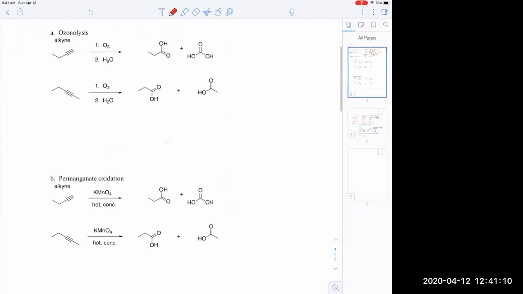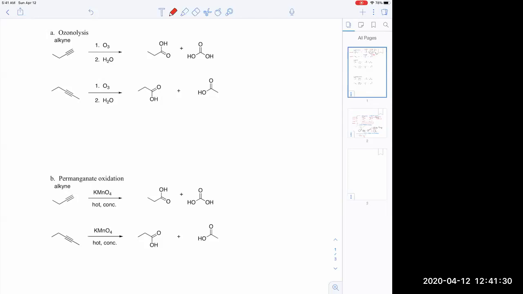what we'll find is that ozonolysis of the alkyne and permanganate oxidation of the alkyne using hot and concentrated potassium permanganate produce identical products.